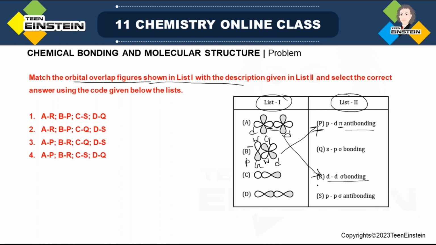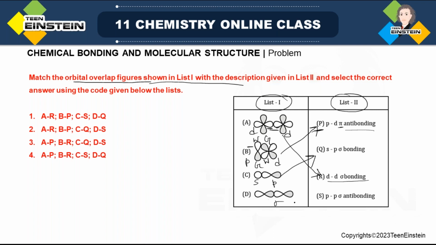Then what about C? C is spherical, so it is S, and this is P, and there is sigma bond formation, because when there is S, obviously it has to be sigma. C is matching with Q, and the last one is again sigma.